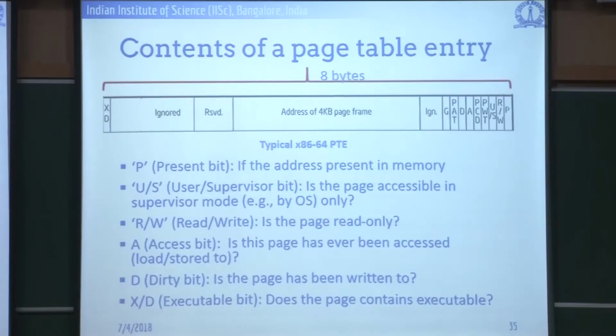We have the permission, read/write, obvious. There is something called the access bit. This is a bit that tells whether the page it is mapping has been accessed or not. Accessed means whether there has been a load or store to an address that falls in the page.